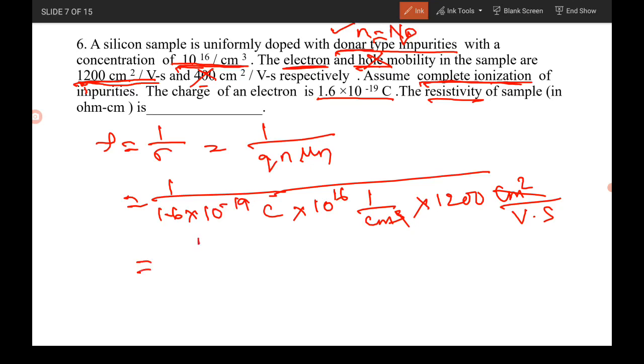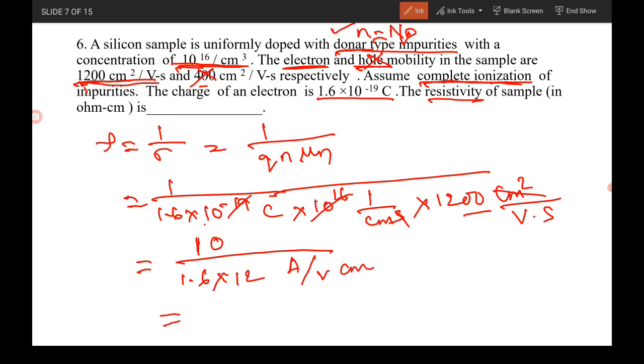Here the cube and the square get cancelled. What do you get? 10 to the power minus 3 and 10 to the power 2, so you get 10 to the power minus 1. We can take it to the denominator, and here you get 1.6 into 1.2, in amperes per volt cm.